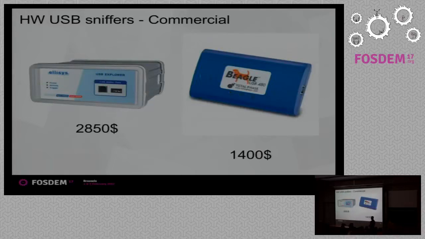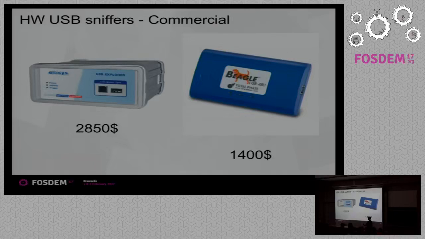There are, of course, some hardware USB sniffers. The one from Ellisys, I have one of those analyzers on my desk. It's really good, but it's really pricey. It can show you and dissect most standard USB protocols.